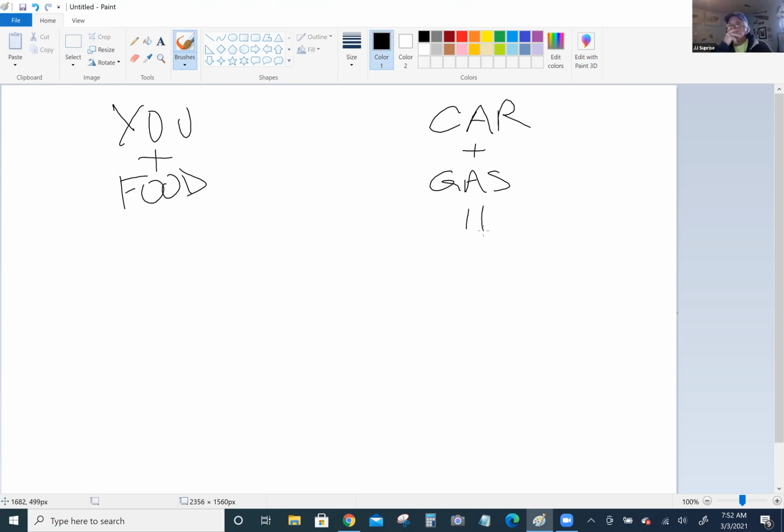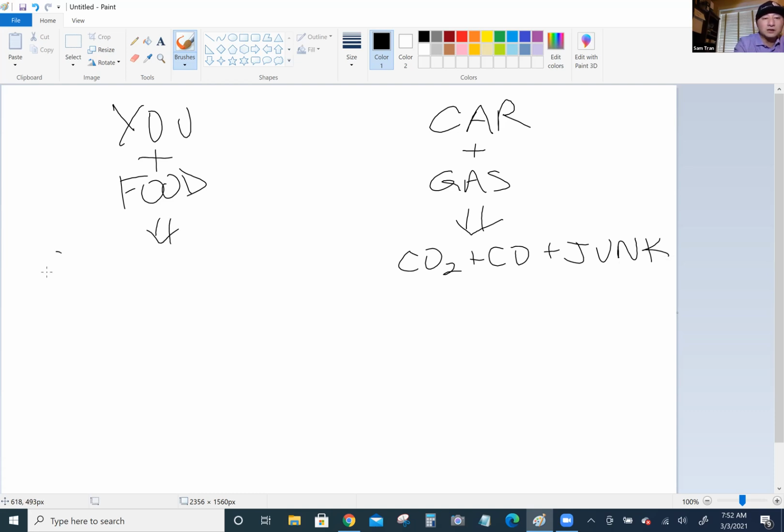So when you burn your food, you get carbon dioxide, CO2 plus CO, carbon monoxide, plus a bunch of other junk that gets out the tailpipe that you don't want to breathe. When you burn your food, you get CO2 that you exhale, urine that you go number one, and feces that you go number two, a bunch of junk that goes down the toilet. You don't want to breathe that stuff either.